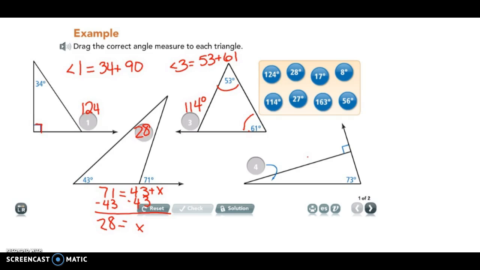And then we're going to do the same thing to this last one. So this, once again, means 90. So we know 90 degrees is going to equal 73 plus the x, whatever angle 4 is. So I'm going to subtract out 73 from both sides, and I'm going to have x equals 17 degrees.